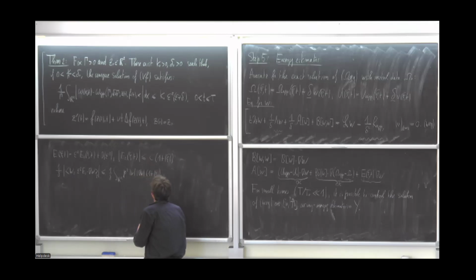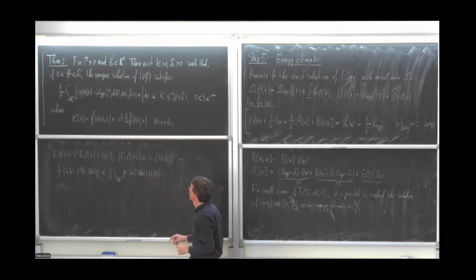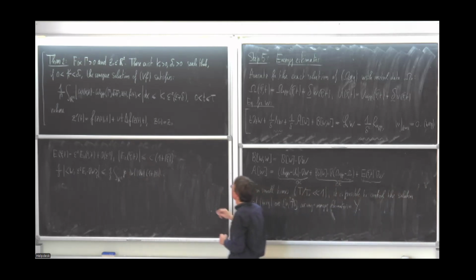Okay. But the gradient of W you can put with P, it's not P squared. Okay, this can be the norm of the gradient. So you have exactly all the terms that are in this F here. So you can bound this by a constant.